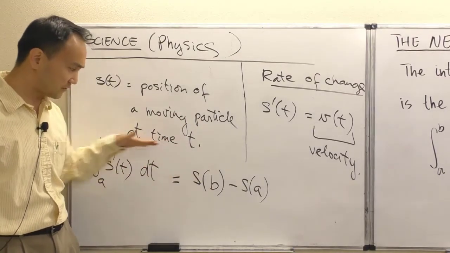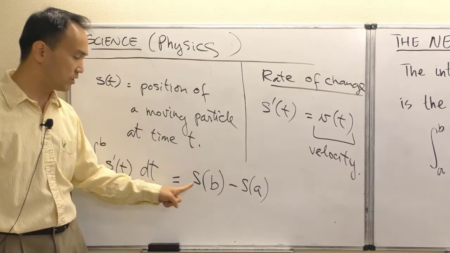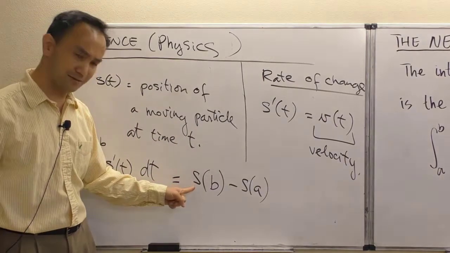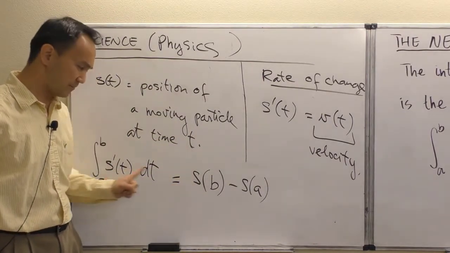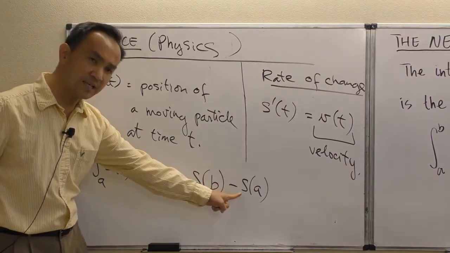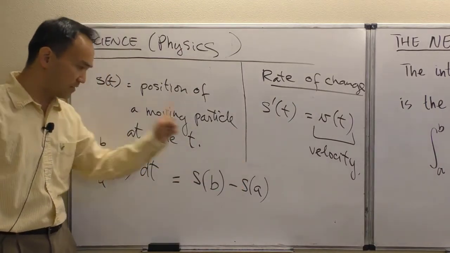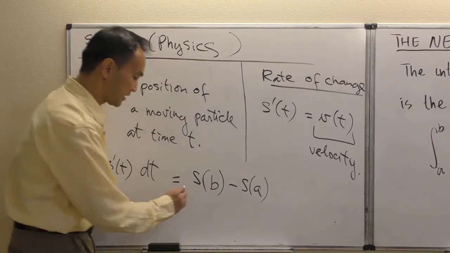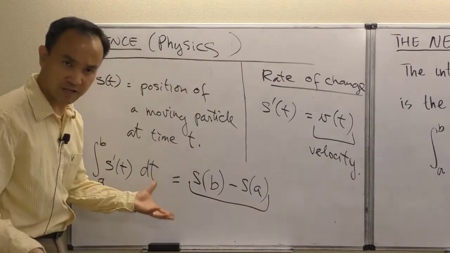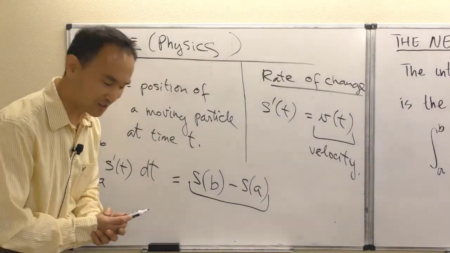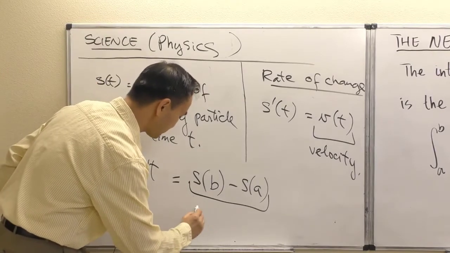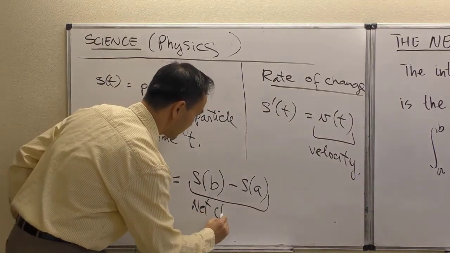So just like the fundamental theorem of calculus stated, we're looking at s, the antiderivative of s prime, at b minus s, the antiderivative of s prime, at a. We subtract out. And this is a problem famously known among physicists. This is called a net change.